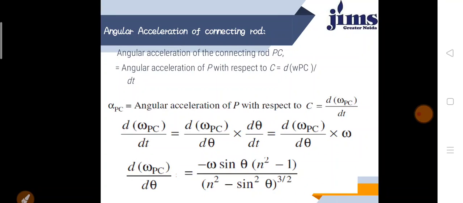You already know the division rule in differentiation.